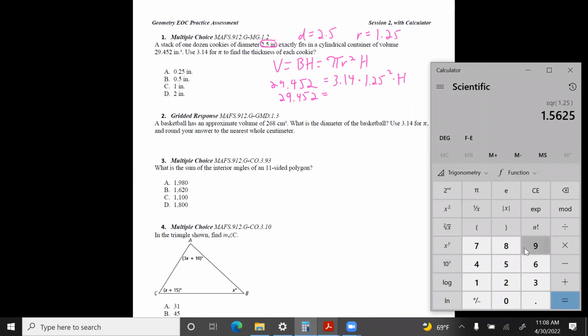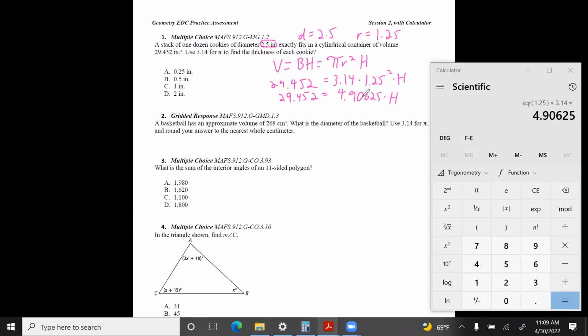And then once we have that, we need to multiply it by 3.14. 3.14 gives us that. So now we have, for this part, 4.90625 times height.